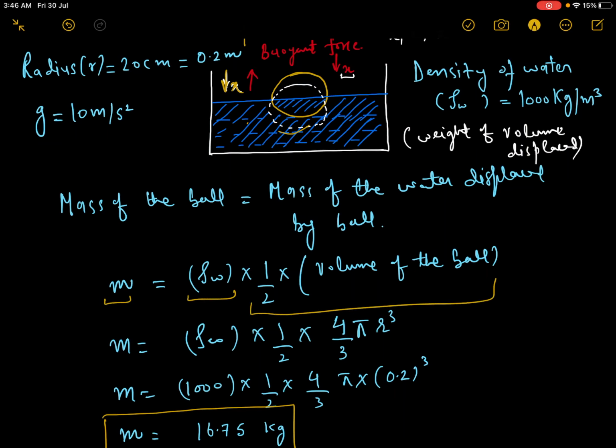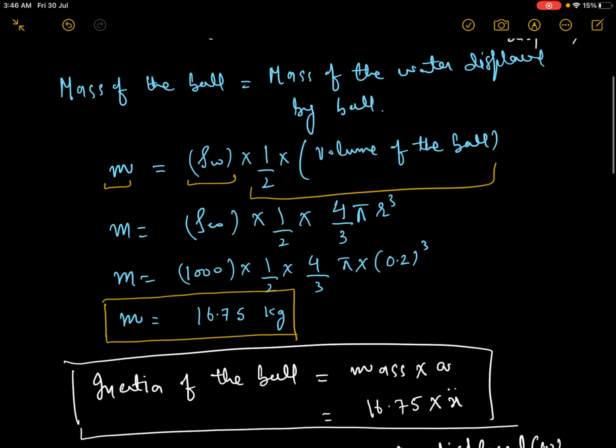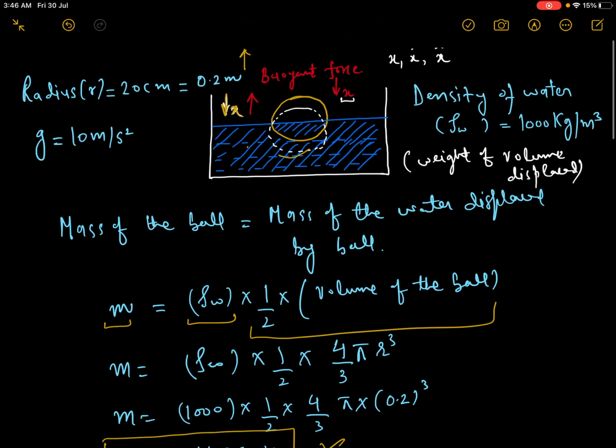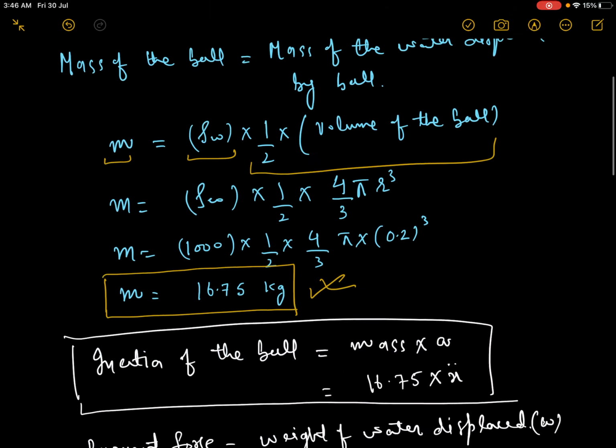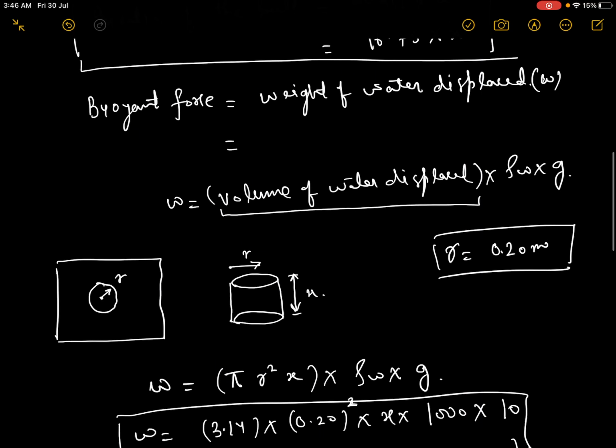From this we got the mass of the ball, and then we gave a displacement of x to the ball, and the ball started to exhibit a buoyant force in a direction opposite to the application of the displacement. Then we calculated the buoyant force, which is equal to the weight of the water displaced.